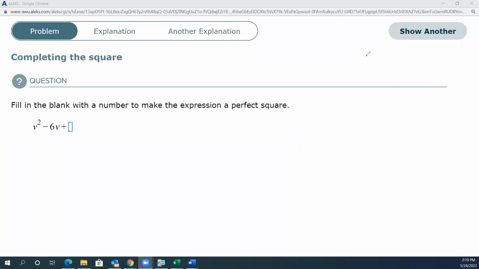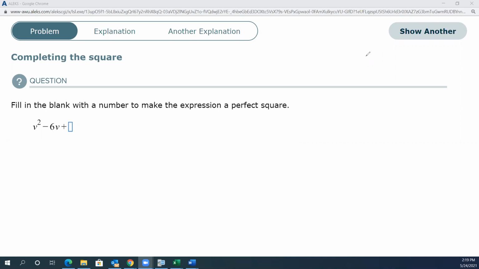It'll be really cool. Okay, so we're going to do what's called complete the square on this expression so that we can factor it down to a binomial squared, kind of like that u minus 10 squared on the last problem.